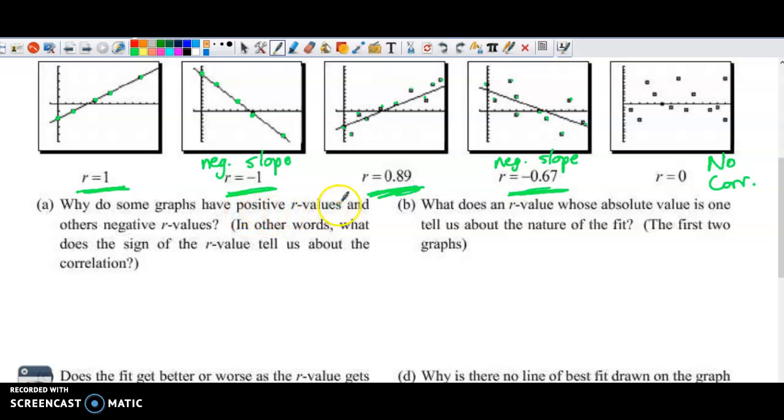Why are some of them positive R values and others negative? It's based off of this: if we have a positive correlation, and remember, correlation is the R value, then the line of best fit is going up.